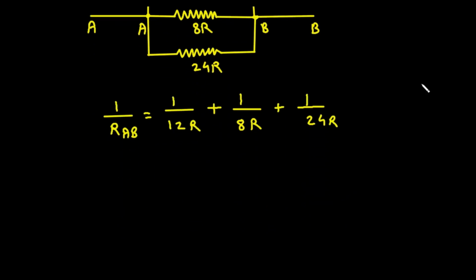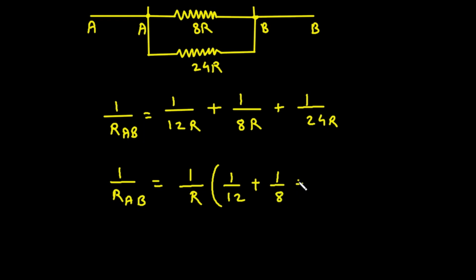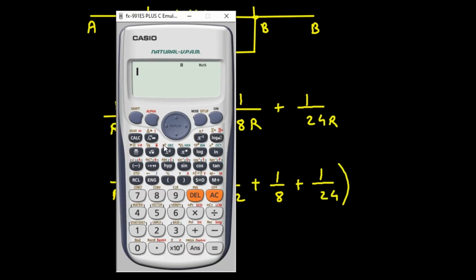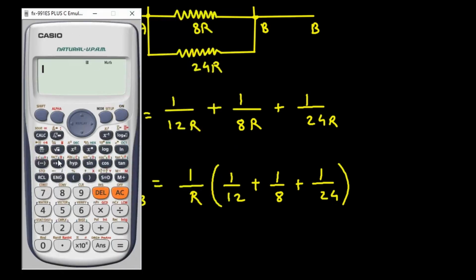Now if we want to simplify this, we can take this 1 upon R common. So 1 upon R A B will be 1 upon R in bracket 1 upon 12 plus 1 upon 8 plus 1 upon 24. So if we solve this, let's solve this directly in calculator.